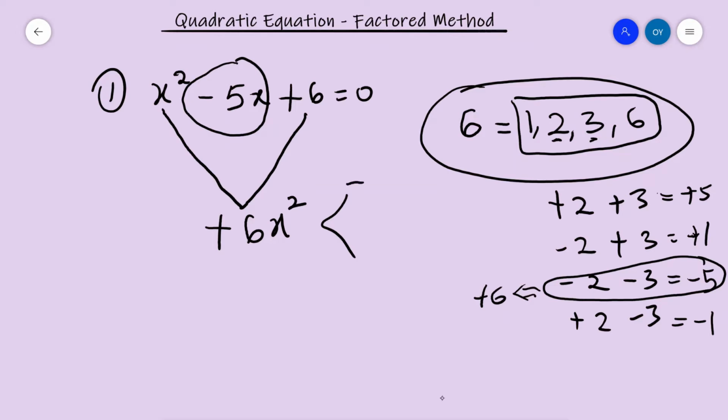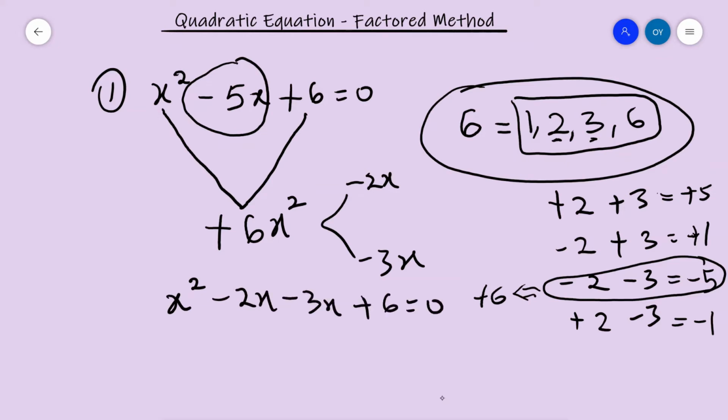And that is negative 2x and negative 3x. So now we substitute negative 2x and negative 3x into this equation. So we have x squared minus 2x minus 3x plus 6 equals 0.